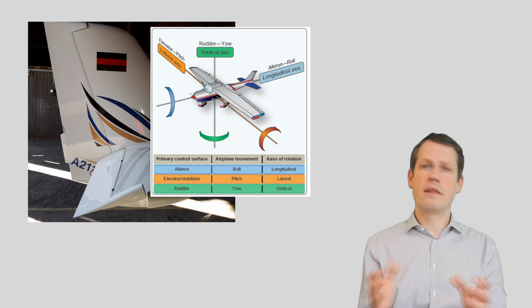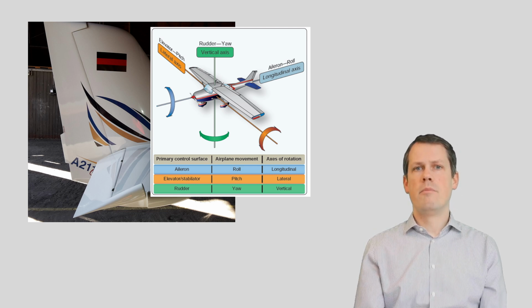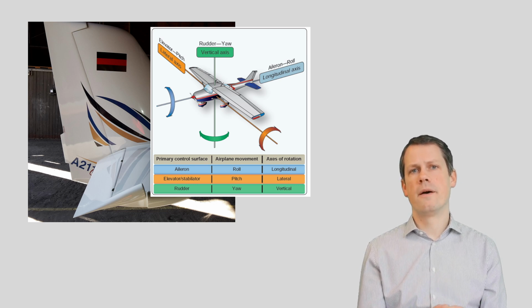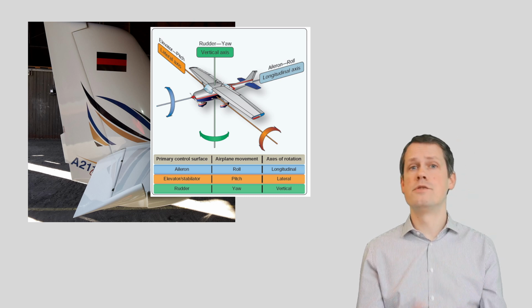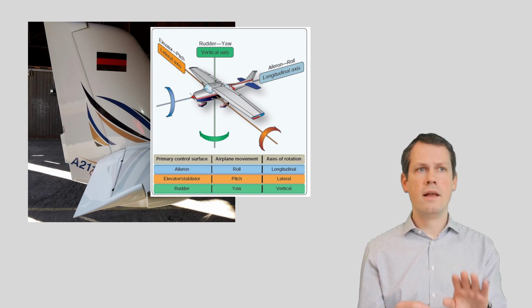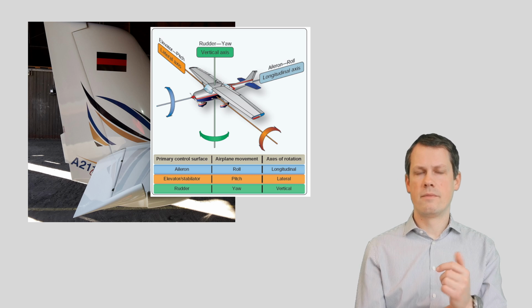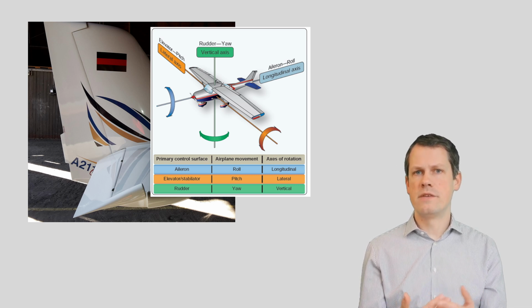And then actually you can let go and the airplane will maintain its climb attitude. Makes it easier to fly, more convenient, also makes it easier to actually fly the airplane very smoothly. Because if you get distracted or something and you let go of the controls, the airplane will still keep its approximate attitude.